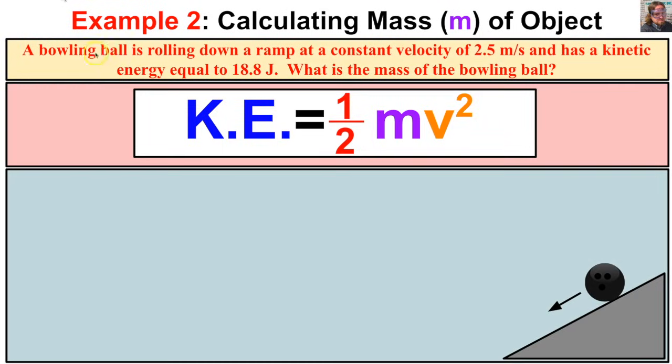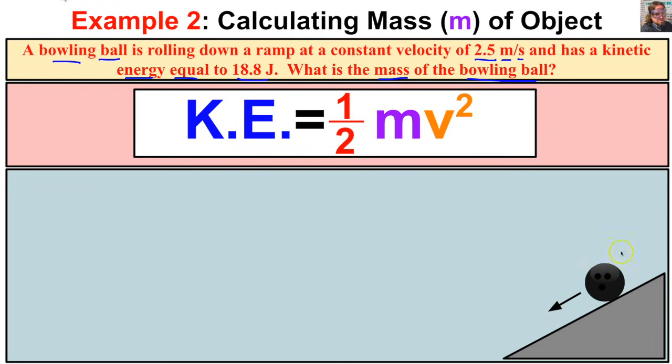In this second example, it says a bowling ball is rolling down a ramp at a constant velocity of 2.5 meters per second and has a kinetic energy equal to 18.8 joules. What is the mass of the bowling ball?